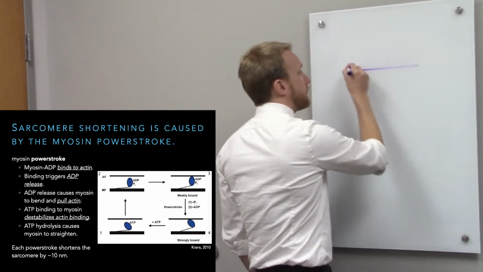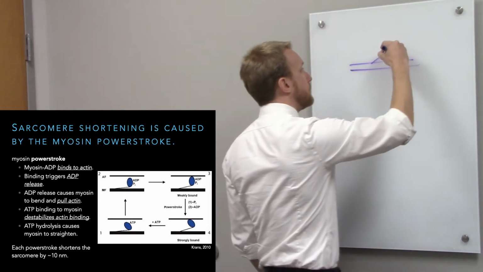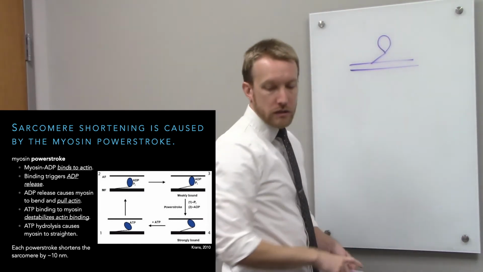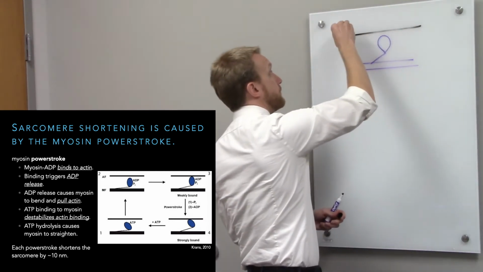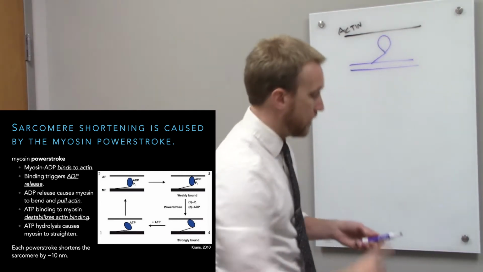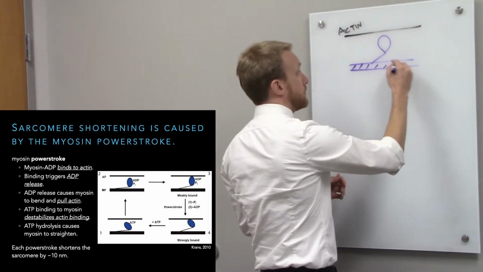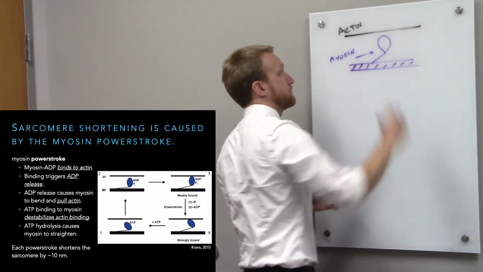So we've got our thick filament here, and we'll just do one myosin head. This will bind to the actin filaments. So we got our thick myofibril here, which contains myosin, the motor protein.